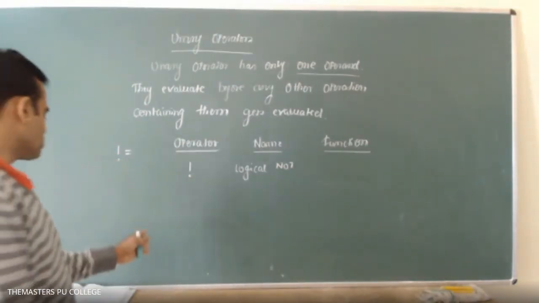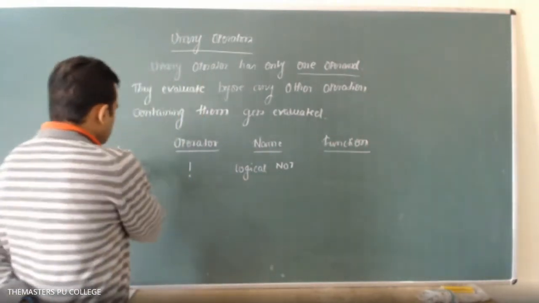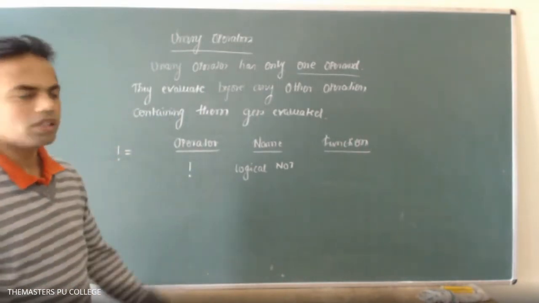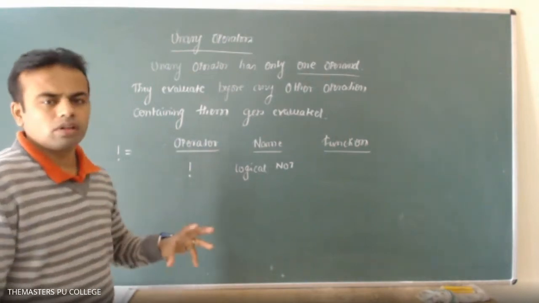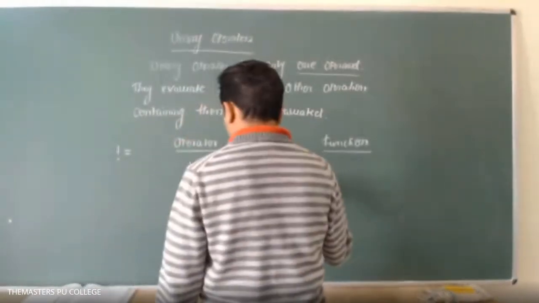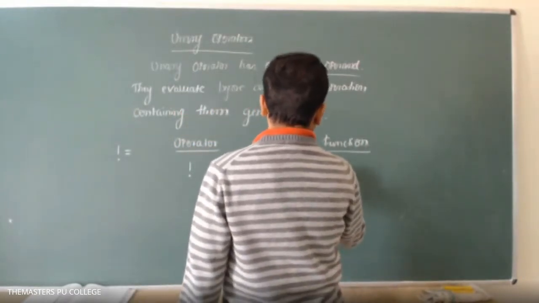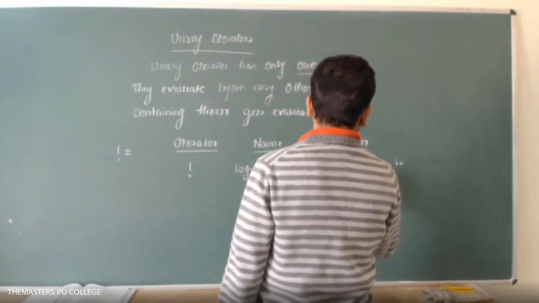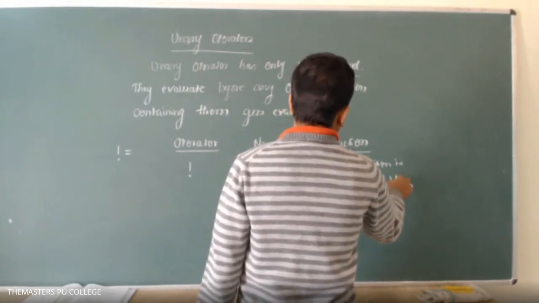So this logical not indicates that, but along with the assignment operator, it becomes a relational operator. Until here, it remains logical not. So it is unary, and it operates on one operand. Logical not: if the condition is true, it makes it false.